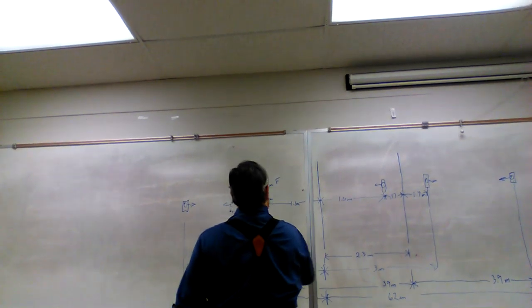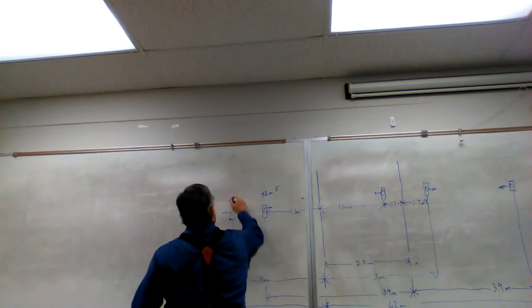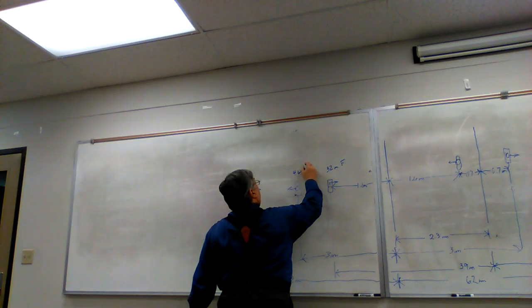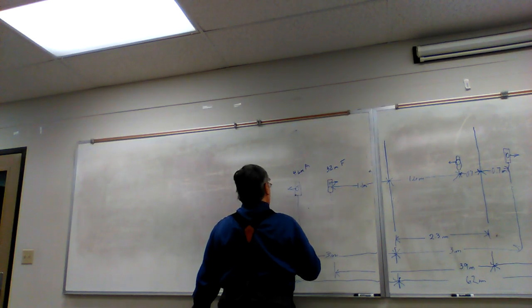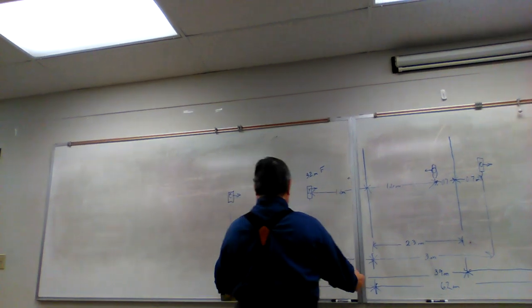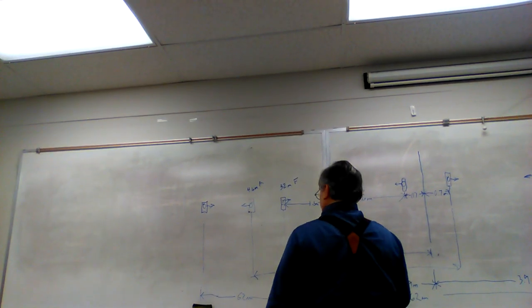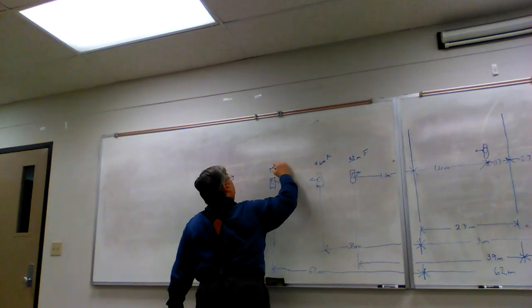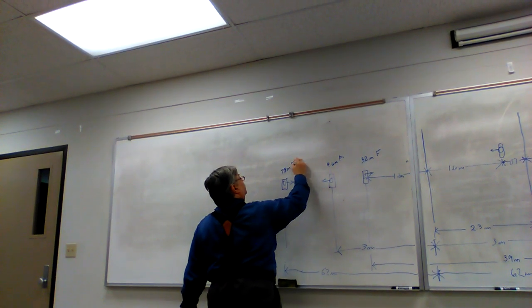This one is 3 meters plus 1.6, so this one is 4.6 meters away and looking away from you. And this one is 6.2 plus 1.6, which is 7.8 meters away and facing you.